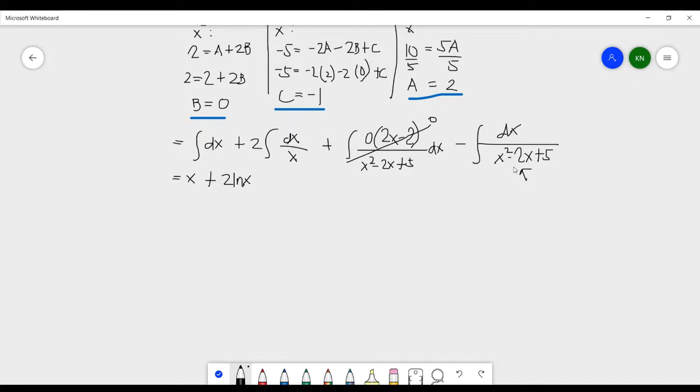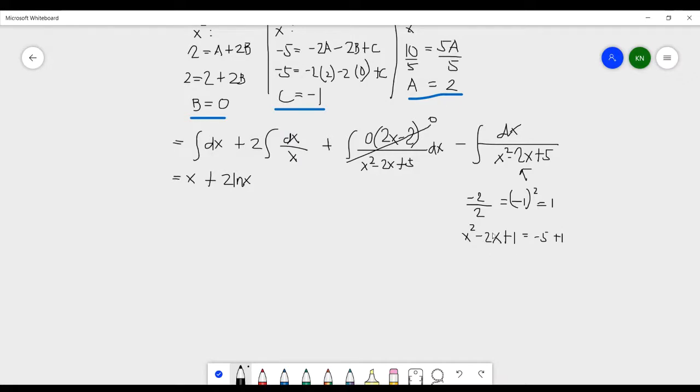So we need to solve this one by completing the square. So in completing the square, we need to find the value of our b, which is the negative 2, divided by 2, which is negative 1, and then square the number, so we have 1. So basically, we have x squared minus 2x plus 1 is equivalent to negative 5 plus 1.